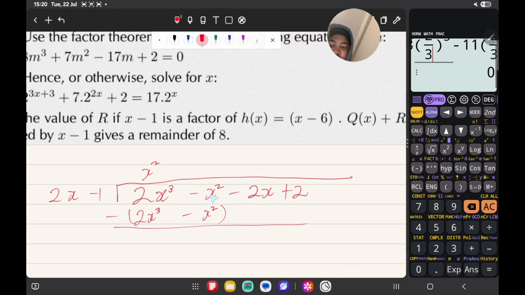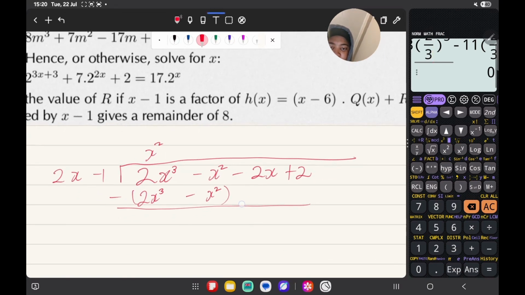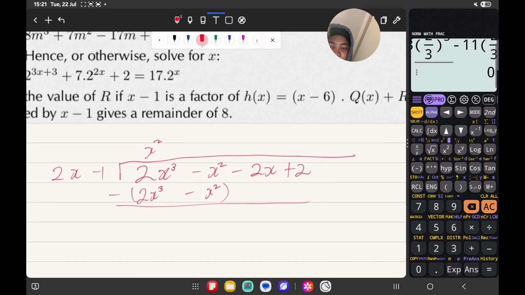Then I am subtracting 0. This looks like I will get 0 here. 2x. Well, what can I do? So this is 0 and this is 0, so I have 0x squared minus 2x plus 2.